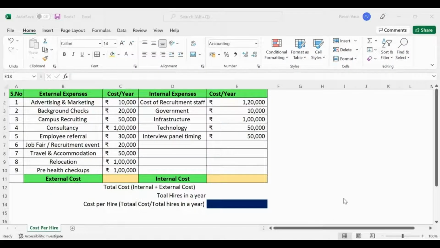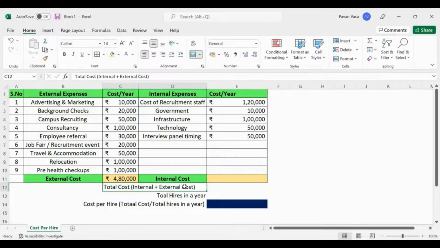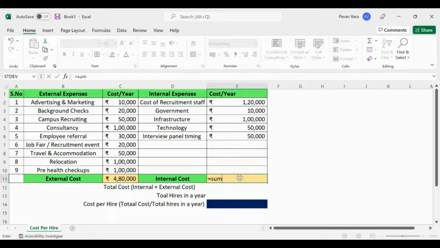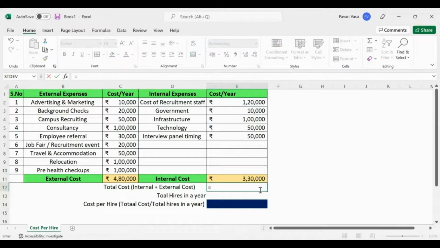Here, you can see both external and internal recruitment expenses incurred for Company A in a year. Firstly, let us sum the total expenses incurred for the external recruitment factors by using the Excel sum formula. In the same way, let us sum the internal expenses. Now, we got both internal and external expenses.